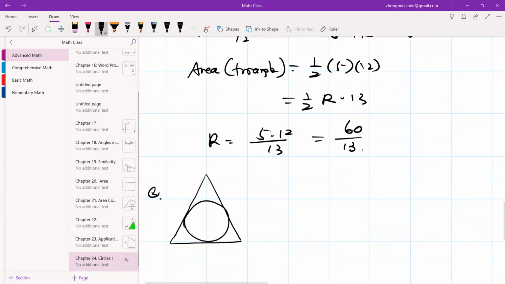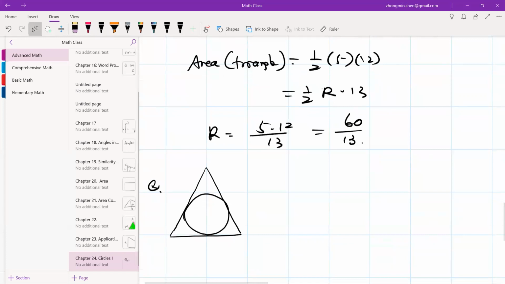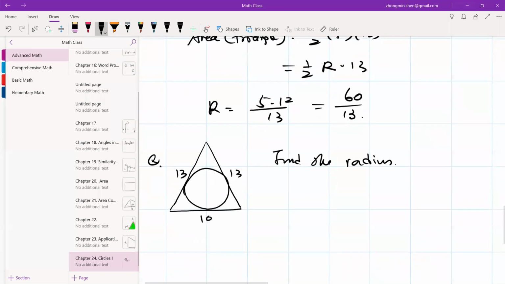Okay, this is a circle inscribed in the triangle, an isosceles triangle. So what I'm going to do here is this is a 10, 13, 13 triangle. Find the radius. It's very similar to the above problem's idea.